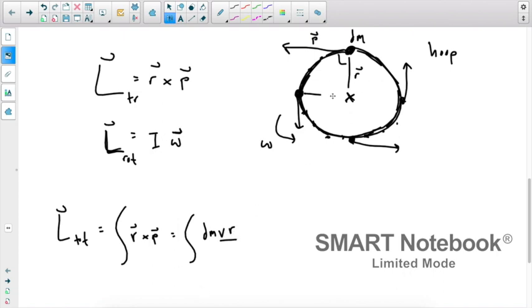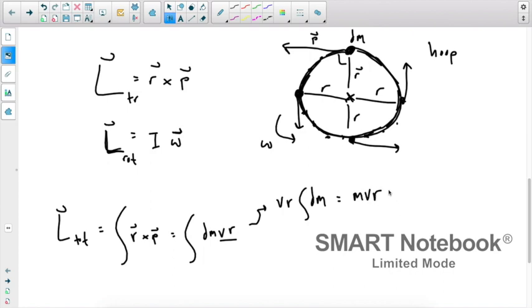R is constant. The radius, the distance that each little infinitesimal point is from the axis of rotation, so I can pull it out. So this equation is going to become vr times the integral of dm. What's the integral of dm? It's m, right? So I get mvr.